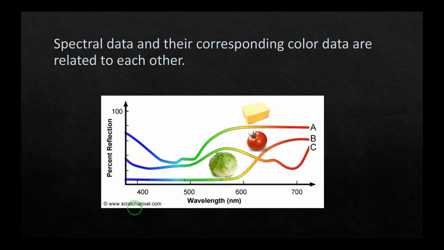If you look at these curves, you see that the yellow butter and the red tomato and the green lettuce, their spectral characteristics are also showing that, like the bump in the middle wavelengths in the lettuce would show us that this is green color, or the red characteristic in tomato. So they are very much related to each other.